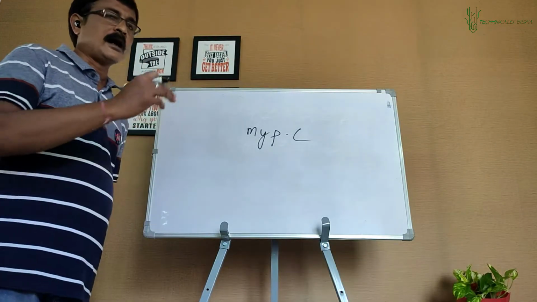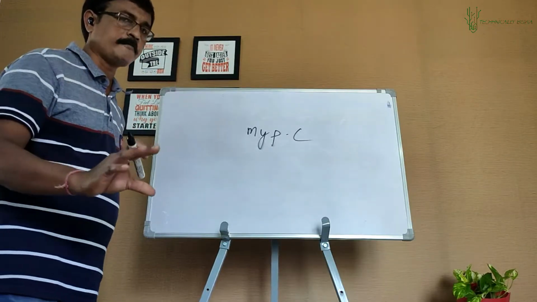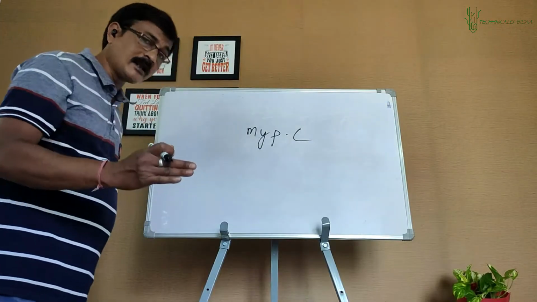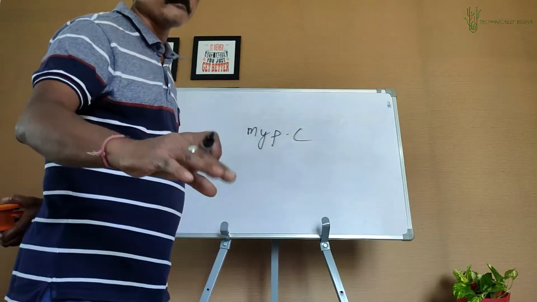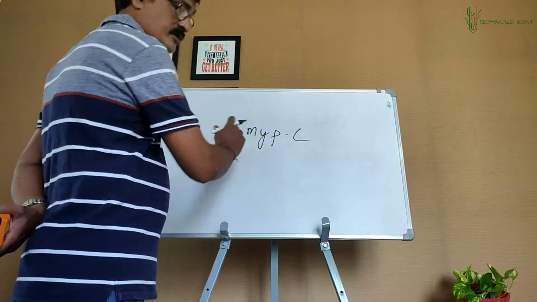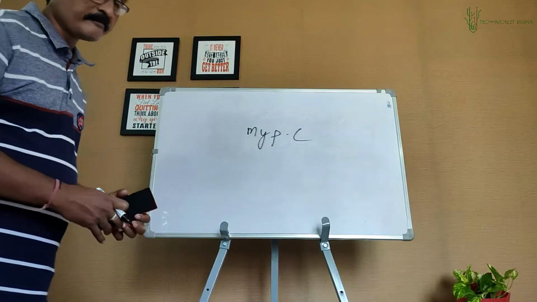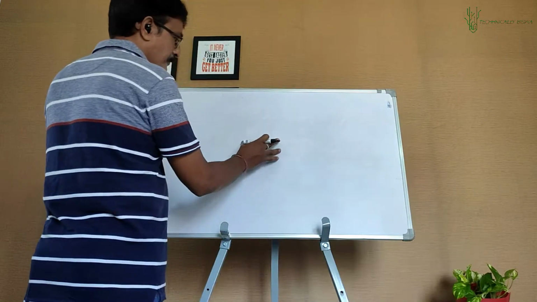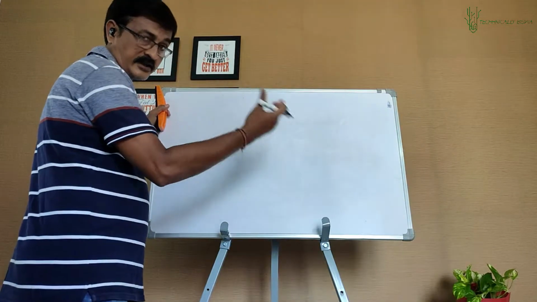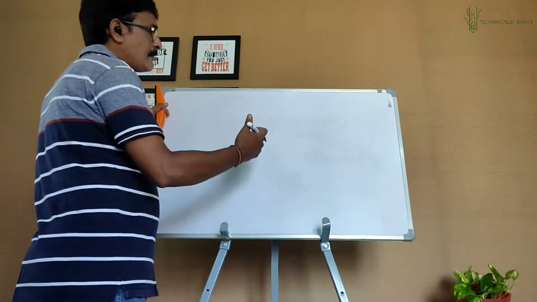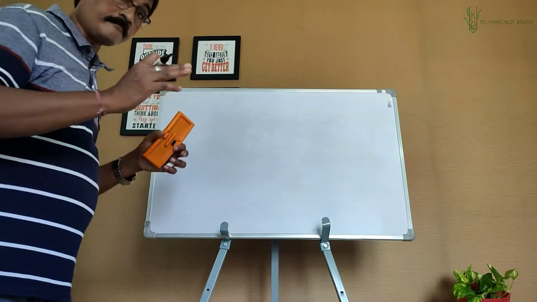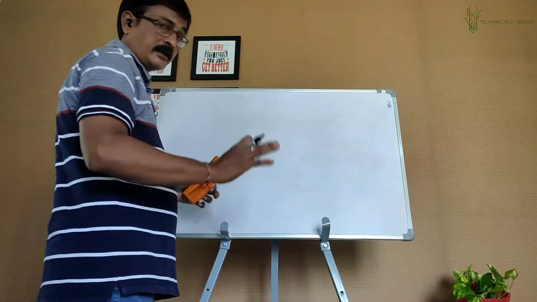But what if I want to execute some other piece of code before I execute myp.c? And similarly, I want to execute some piece of code after I execute myp.c. Just think of it. What happens over there? At the start, before myp.c is executed, I can execute a piece of code. After myp.c is executed, I can execute a piece of code. That is very much possible and that can be done.